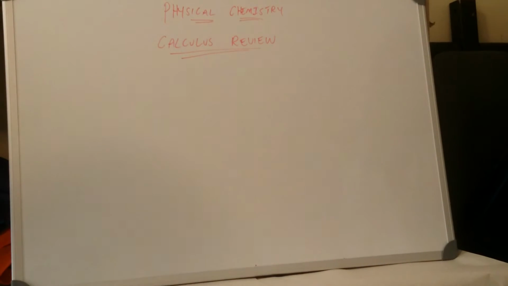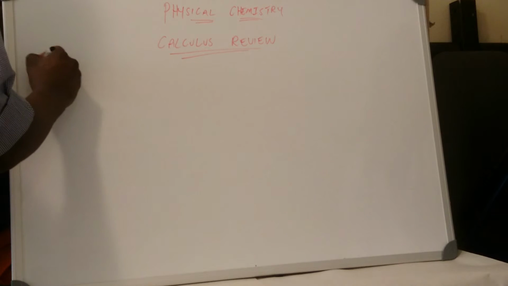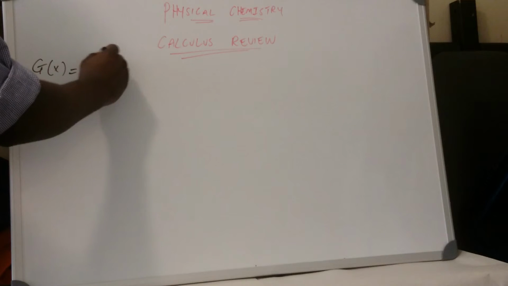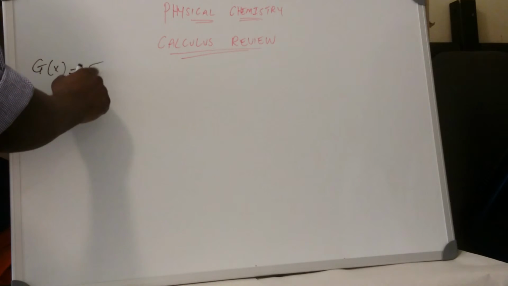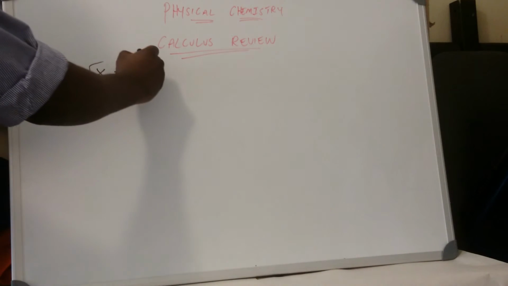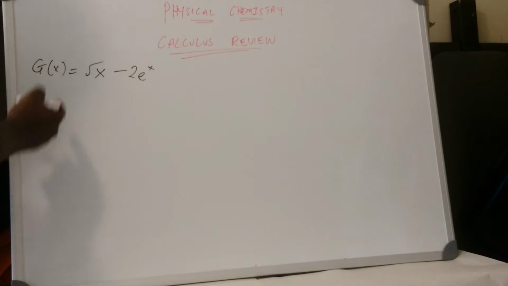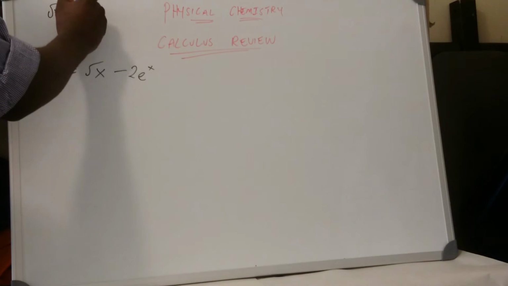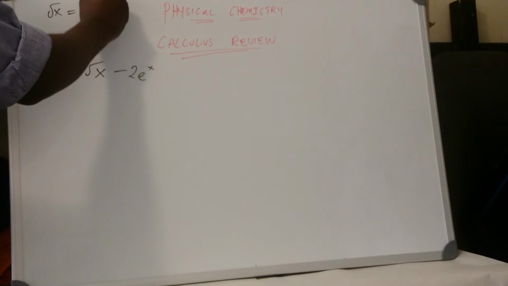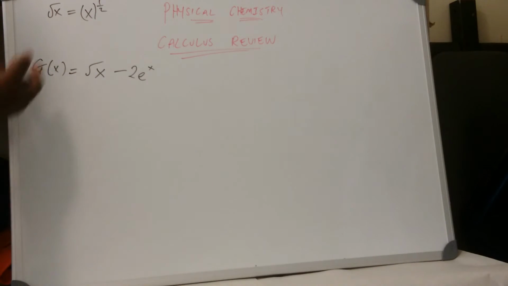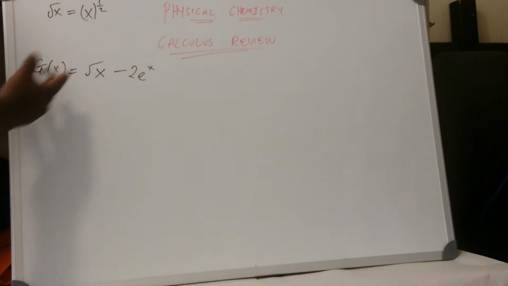So let's do a little more difficult example. We have g of x is equal to square root of x minus 2 e to the x. First we can simplify this. Square root of x can be written as x to the 1/2. Now this is a subtraction rule, so take the derivative of each side.